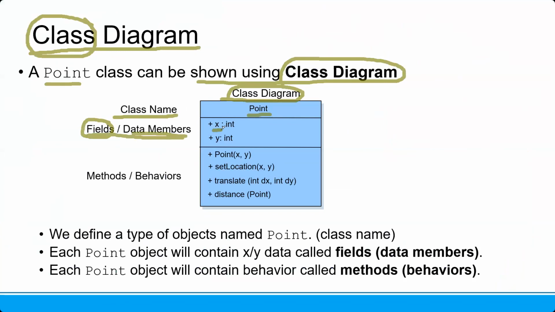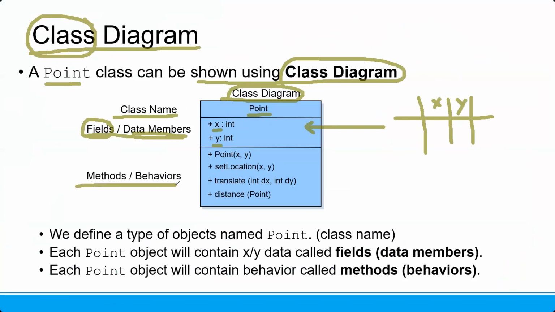The first is X and the other is Y. So we know from the table, we have X and we have Y. Then we can represent it in the data members or in the fields.